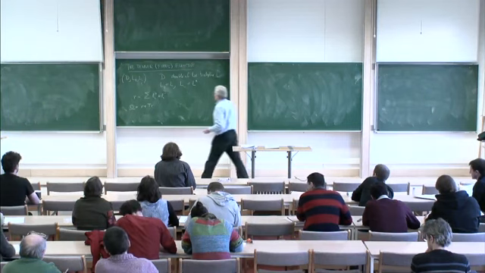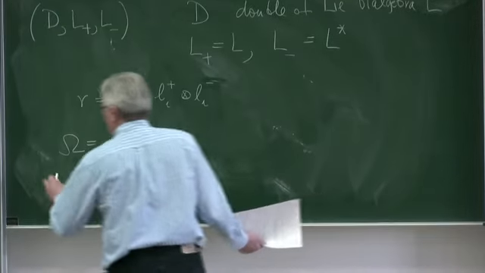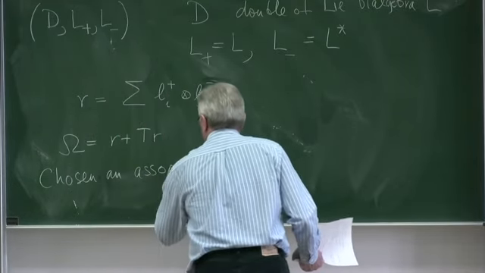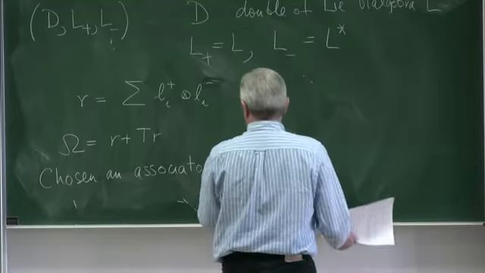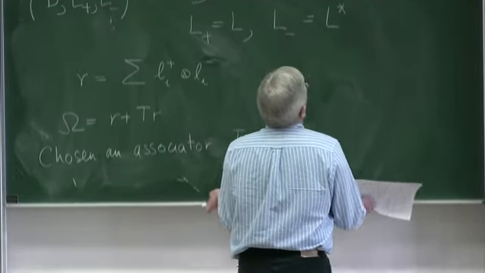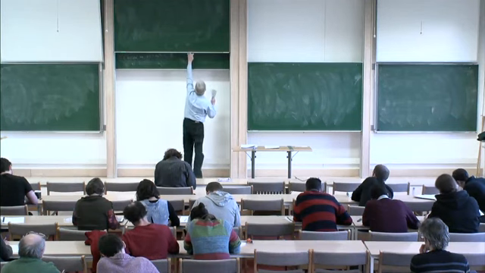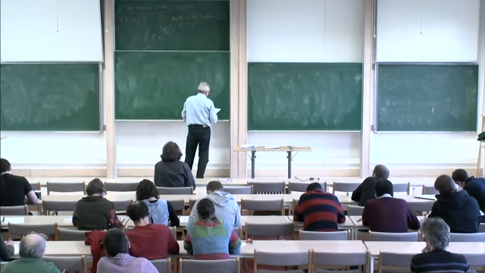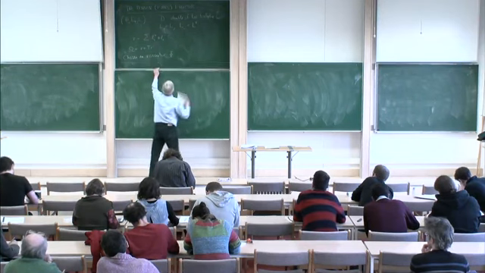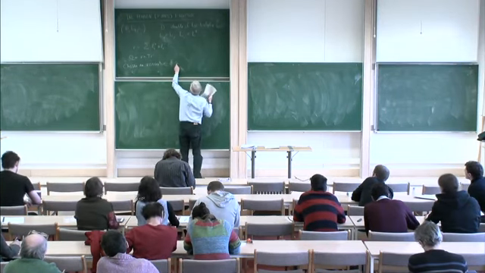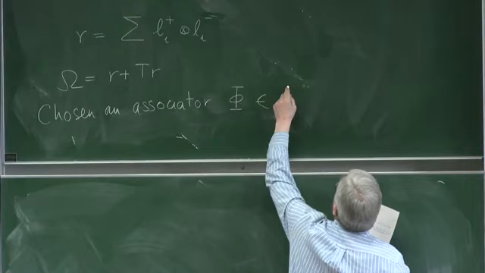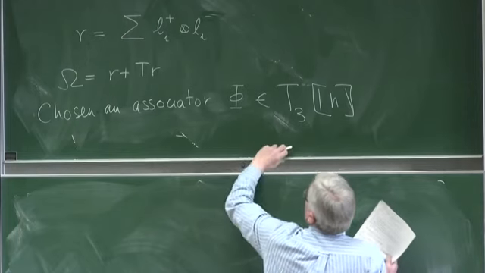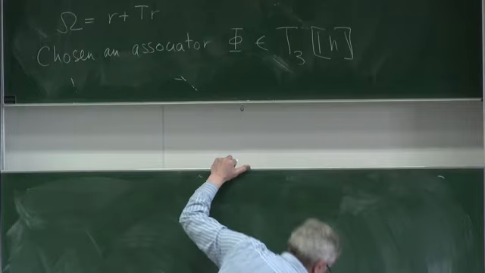Anyway, through this data, we've chosen an associator, Phi, in T3.